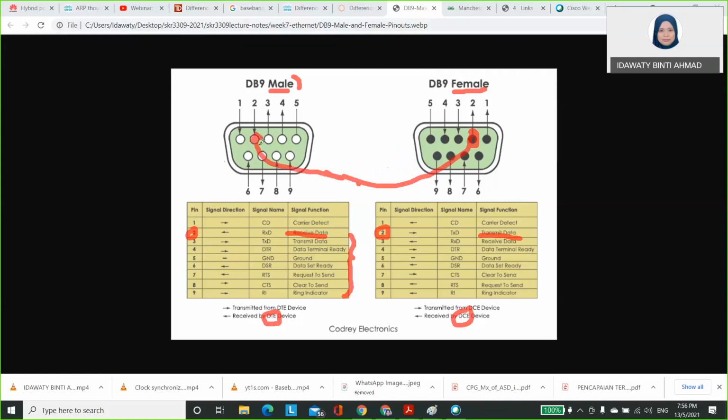That is the way this serial cable is used. Every bit in these pins is sent in a serial stream of data, a serial stream of bits. That is what is meant by serial cable. Okay, let's stop sharing.